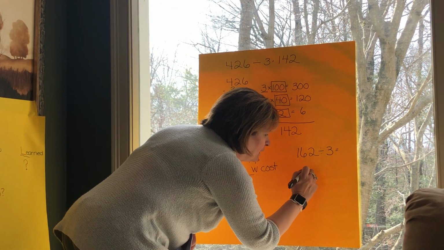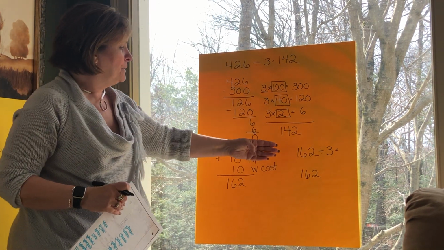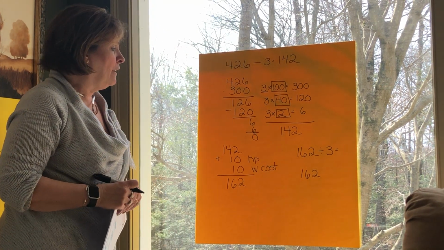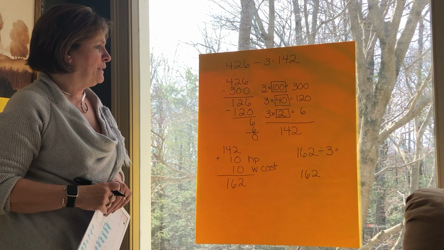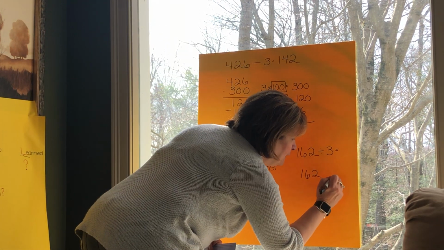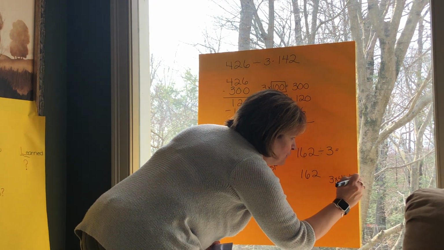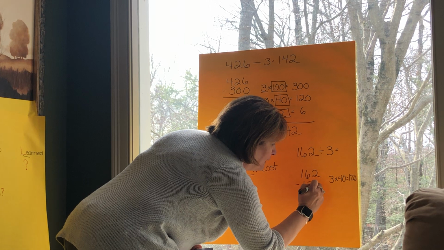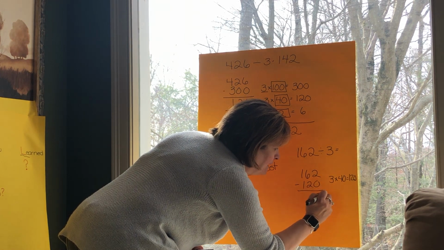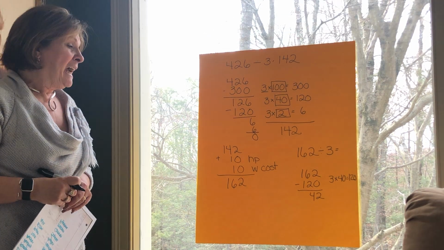So again, how many groups of 3 can I pull out of 162? Well, I know that 3 times 40 equals 120. If I take 120 out of this, I'm left with 42.